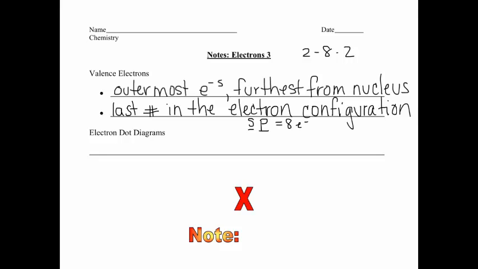So it's kind of nice to look at those electrons in a different way instead of having to write out an entire orbital notation. So we're going to use something called an electron dot diagram, or sometimes called a Lewis dot diagram, or a Lewis dot structure.